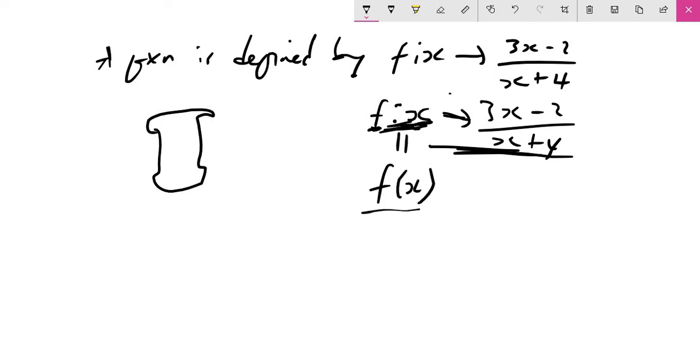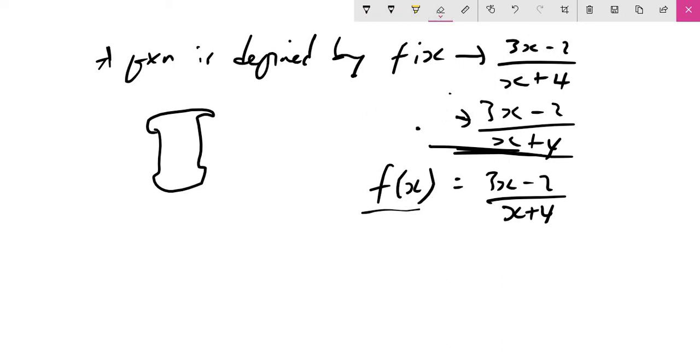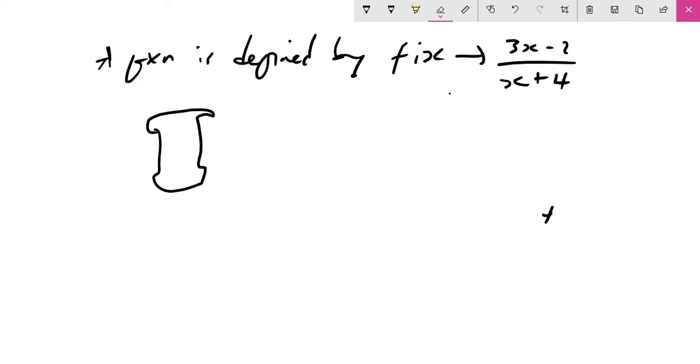So this is the same as that. And this is equal to (3x - 2)/(x + 4), just like the question said. All right, so now that we understand the notations, let us just jump right inside and solve this question.